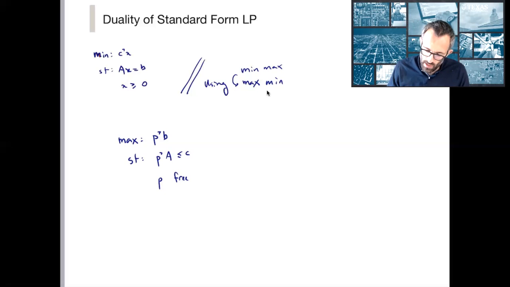Okay, so what does weak duality tell us, or what does this min-max flipping to max-min tell us? It tells us that this min is less than or equal to this max.